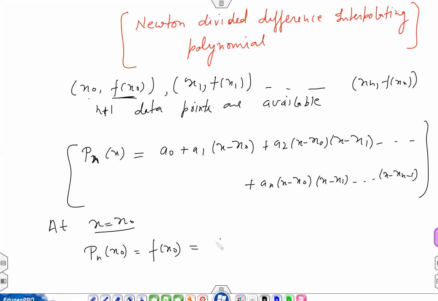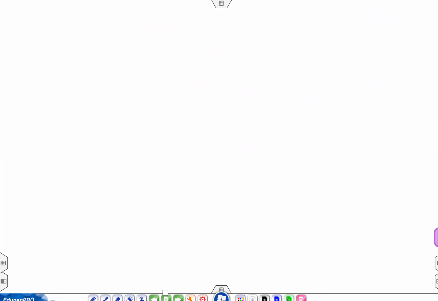It is equal to what? a0 plus, at x equal to x0, the next term will be 0 because x0 minus x0 is 0. All other terms will be 0 because we are taking this polynomial of this form. So the value of a0 is f(x0).